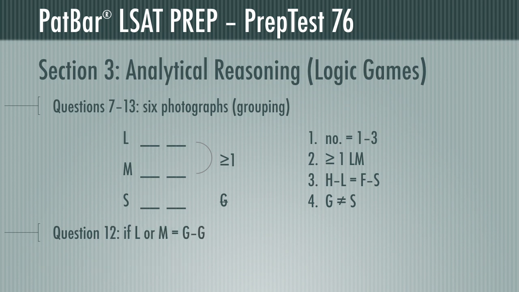Question 12 wants to know what could be true if Gomez has both spots in any one section. We can map most of this one out in our heads. Gomez is not in sports, so either both spots in lifestyle or both in Metro. Rule 2 means lifestyle and Metro have at least one photographer in common, and it can be only one per Rule 1.